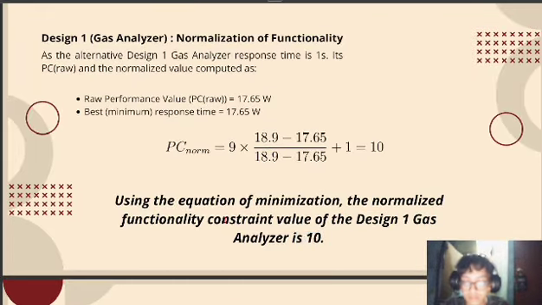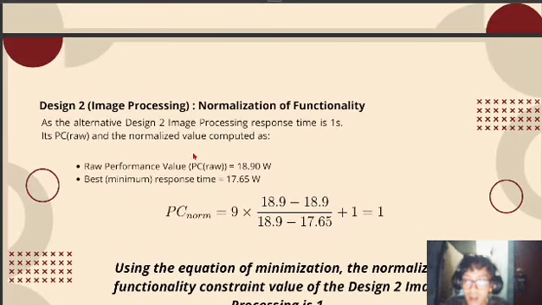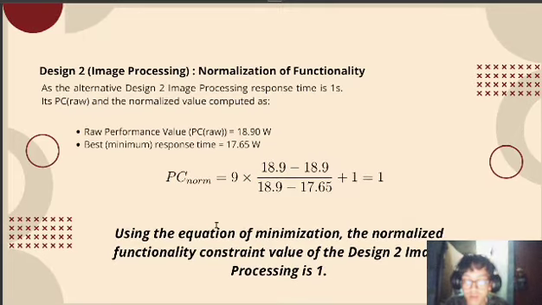So next, the design 2 has a P0 of 18.9 watts and a minimum of 17.65 watts. So again, using the equation of minimization here, we calculated that the functionality constraint value of the design 2 is equal to 1.